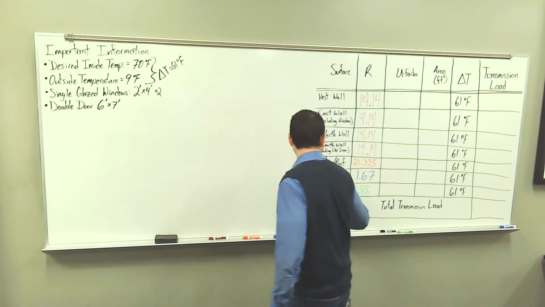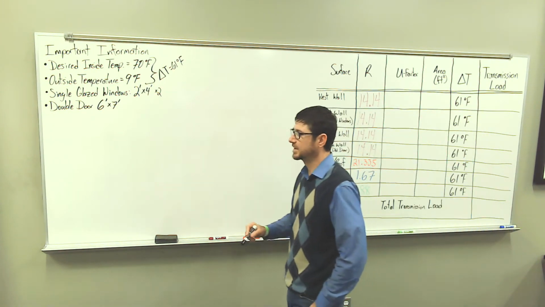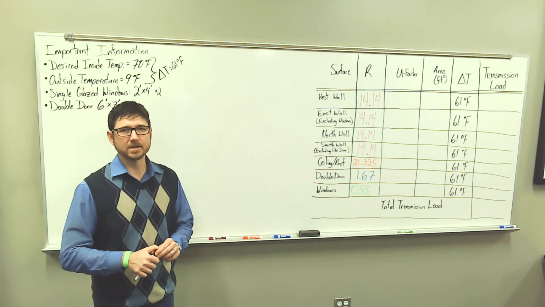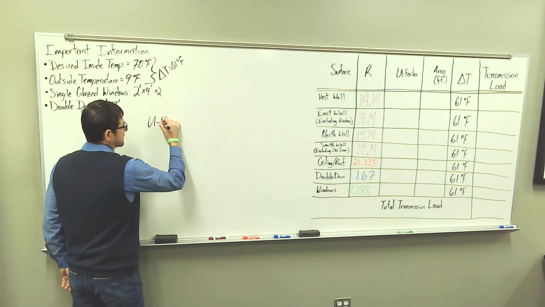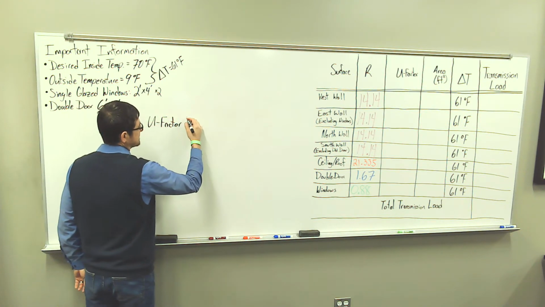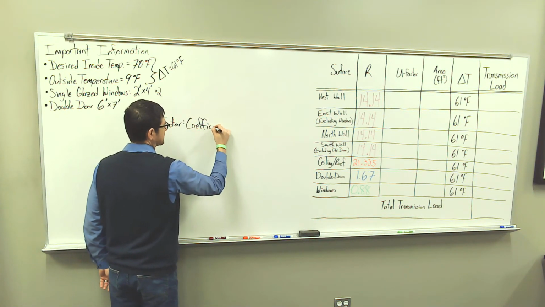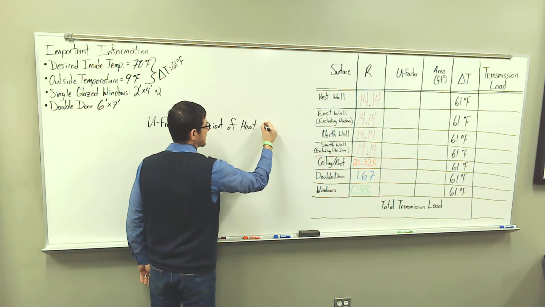Okay, so let's take a look at the U factor, okay? So the U factor is the coefficient of heat conductivity. Here, let me just write that down. We have U factor. This is the coefficient of heat conductivity.